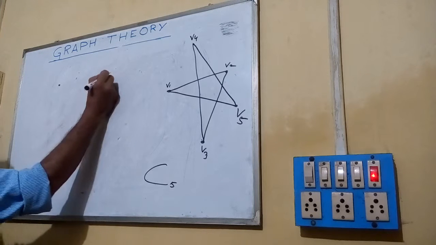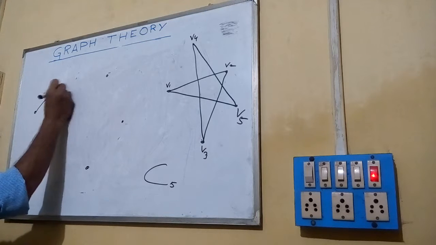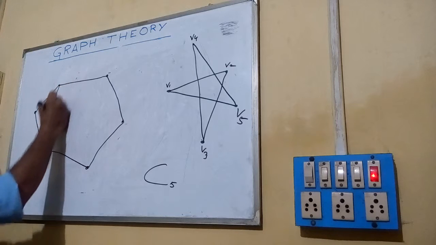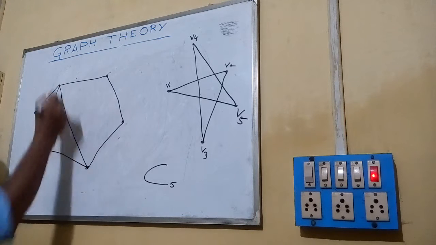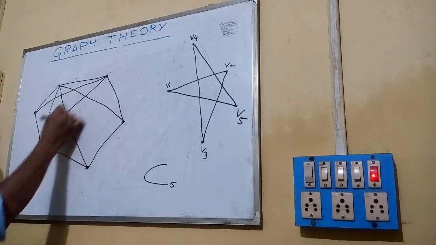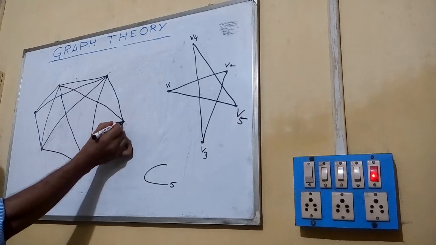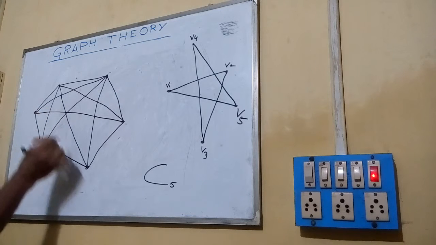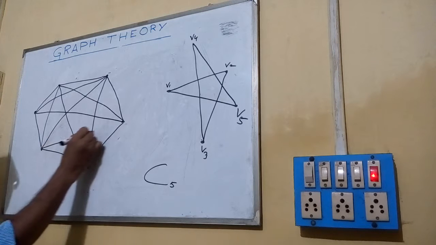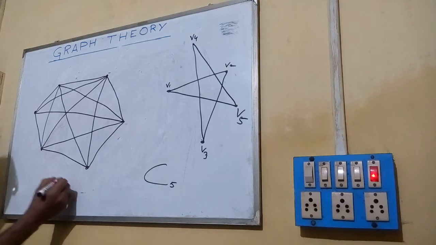See here, 1, 2, 3, 4, 5, 6. 6 vertices are there. If we are joining in this way, this is called a regular graph of 6 vertices.